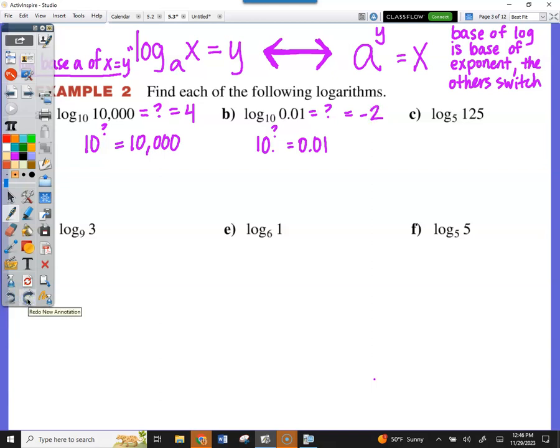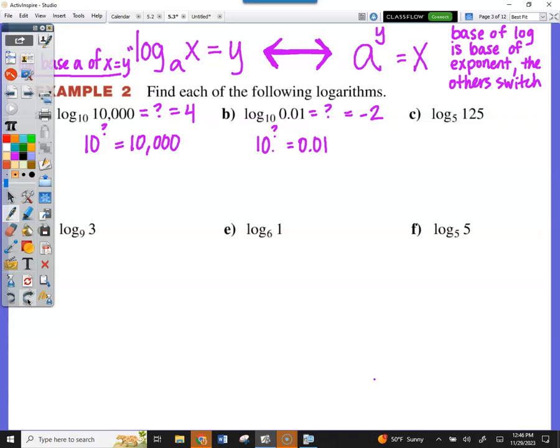All right, now look at C. C is not base 10. So, can we type it in the calculator? You cannot use the log button on the calculator because it's base 10. This is base 5.